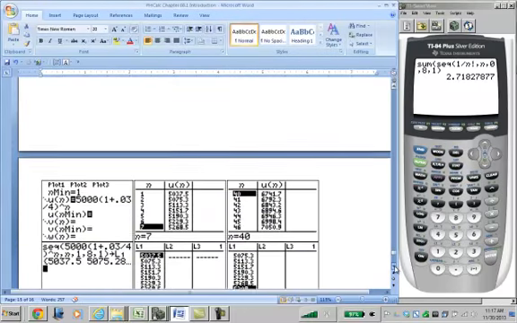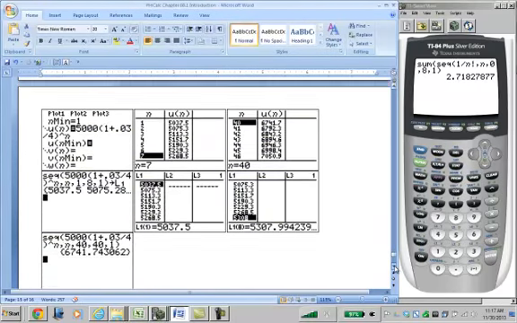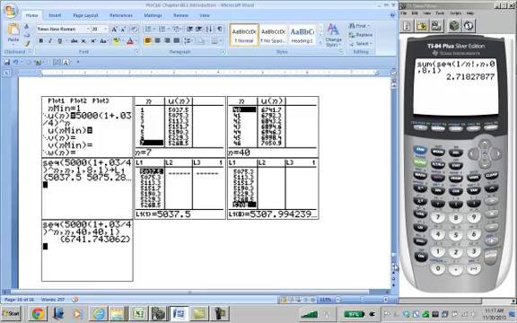All right, so first I do it in the calculator: 5,000 times 1 plus 0.03 divided by 4 to the n. It doesn't show 8 terms, it only shows 7. You can arrow down when you do that. Or I do the sequence.